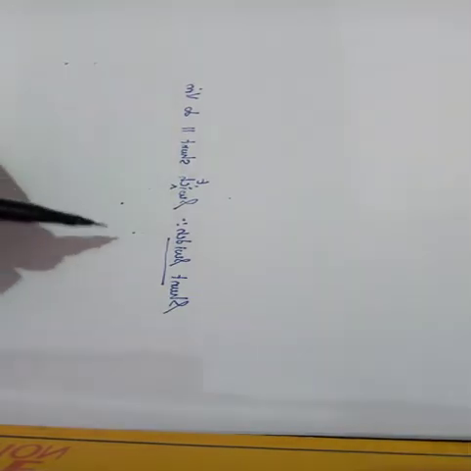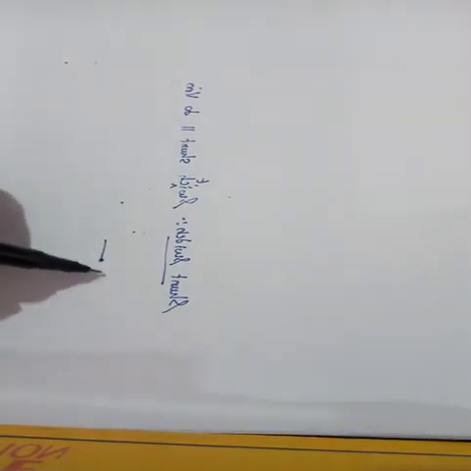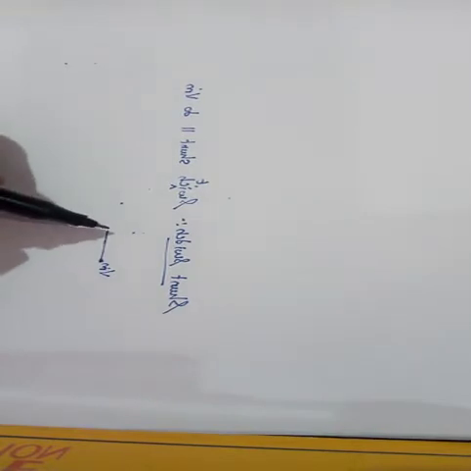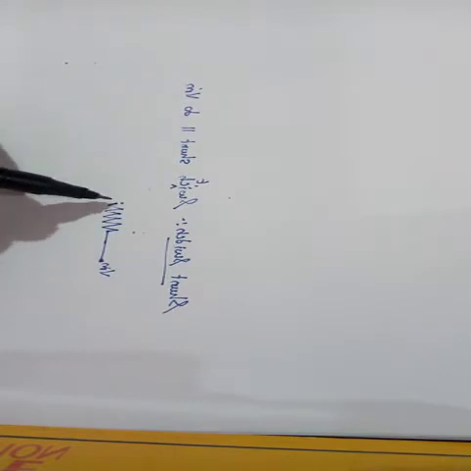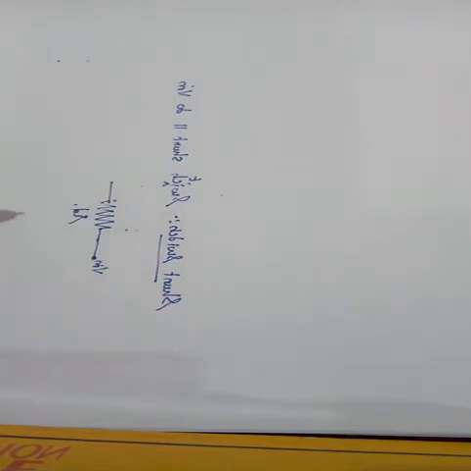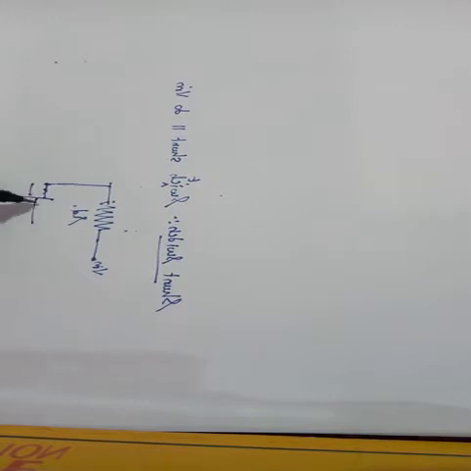Let me draw that, listen carefully. This is my input voltage and this is my resistance. In order to protect the switch, let me call this RD. It is connected to the drain of the MOSFET or that FET switch. Here I'll give the gate voltage or the control voltage VC. I'll simply ground the source terminal.